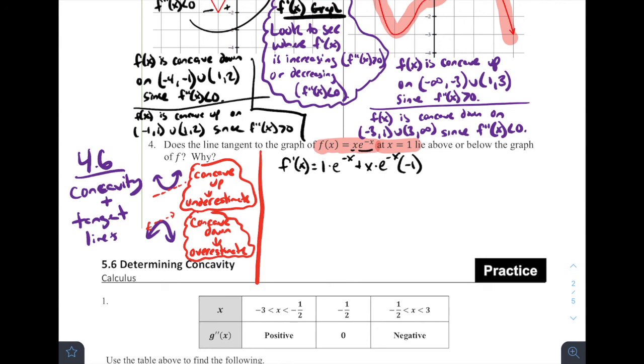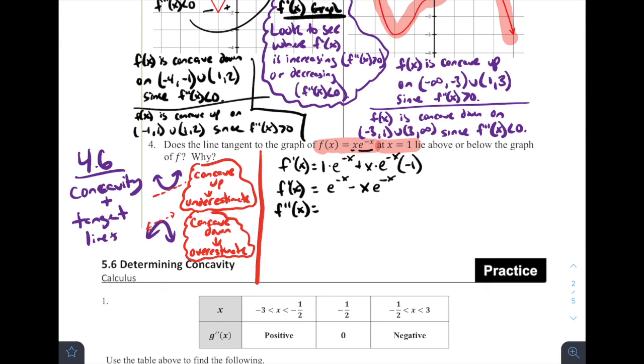What I'm going to do to simplify this is see how we can maybe factor. Actually, I'll just leave it the way it is. I think this is going to be fine. So that's f prime. And if we take the derivative of that, we're going to call that the second derivative.